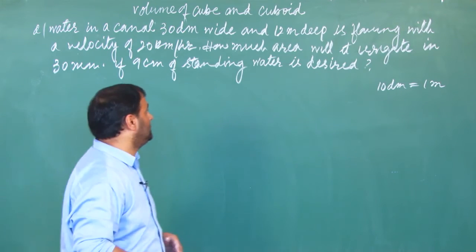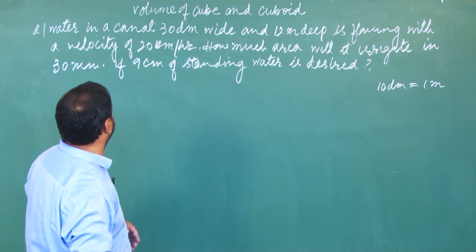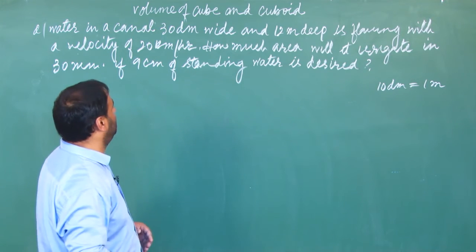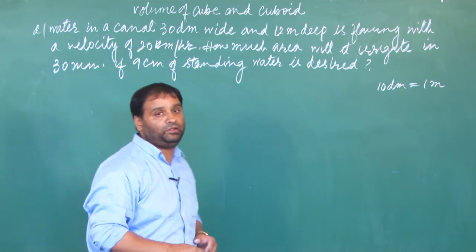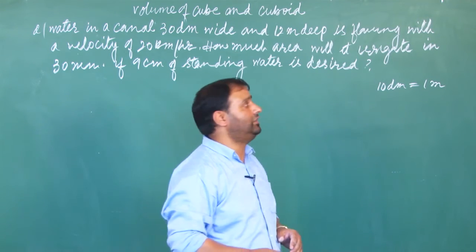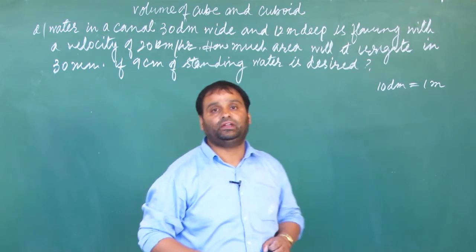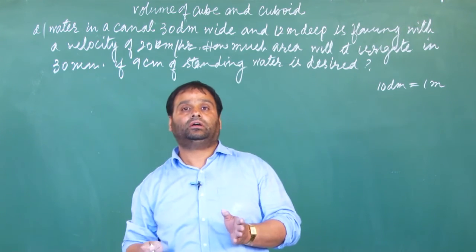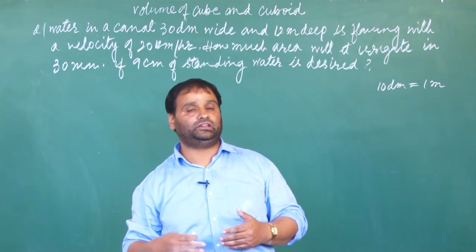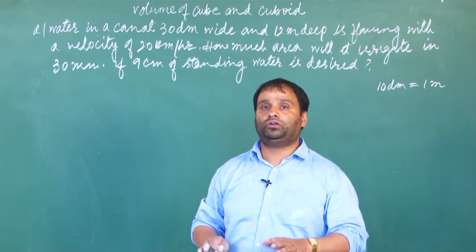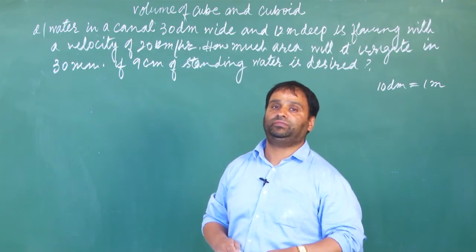The question says that if the water in the canal is flowing with a velocity of 20 km per hour, for a time of 30 minutes, that's half an hour, how much area of the field will it irrigate if the water stands 9 centimeter in the field?